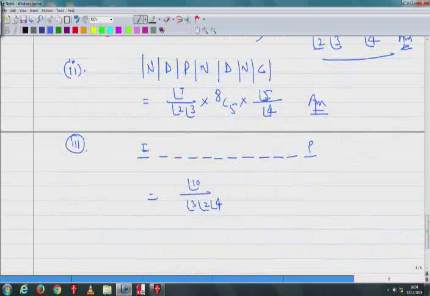This is the answer. And you see, you cannot multiply by 2 because I and P are being fixed. I has to be at the beginning, and P has to be at the end. So there is only one way to arrange I and P within themselves.